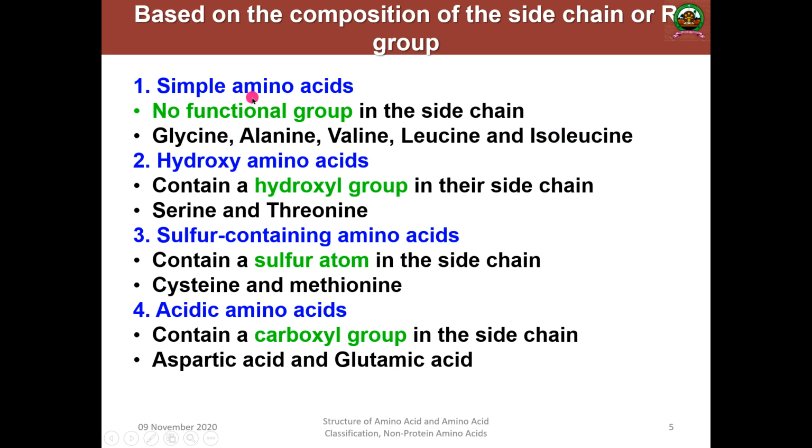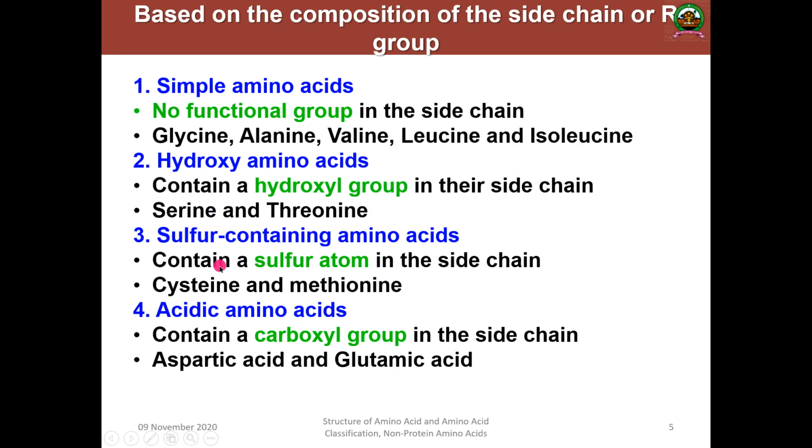Remember that glycine is the simplest amino acid and doesn't have a side chain at all. Then the next one is hydroxy amino acid. Here the side chain contains an OH group, or hydroxyl group. Examples are serine and threonine.